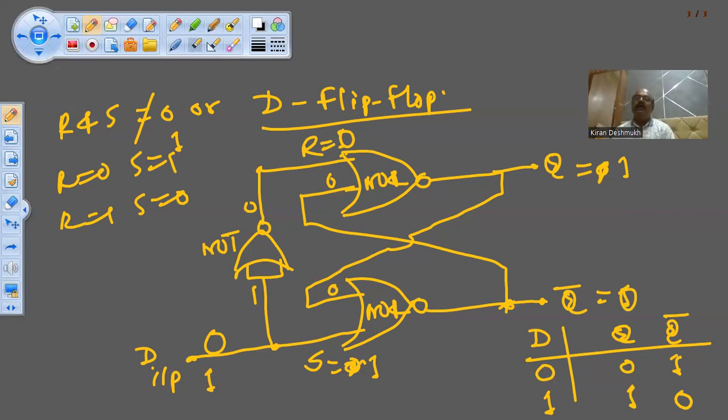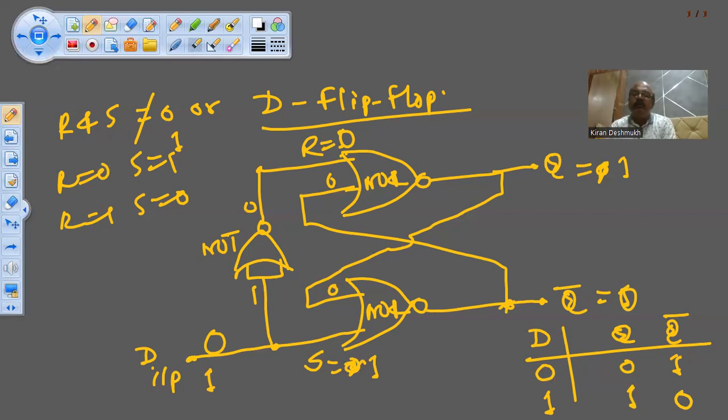Okay, if both the inputs are 0 in RS flip-flop, the output is in the last state. And if both the inputs are 1 in the RS flip-flop, the output is in the invalid state. So these two conditions are automatically avoided in case of the D flip-flop, because here only two states are possible. When S is 0, R will be 1 compulsorily.